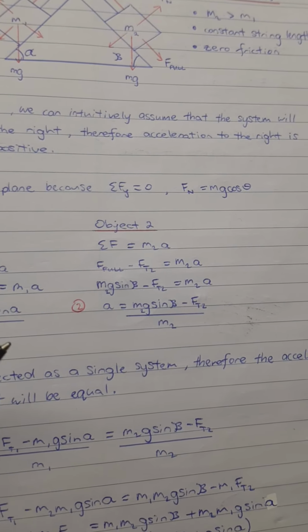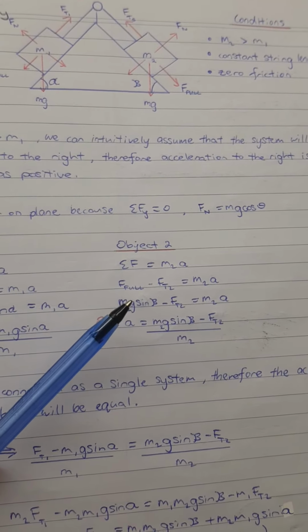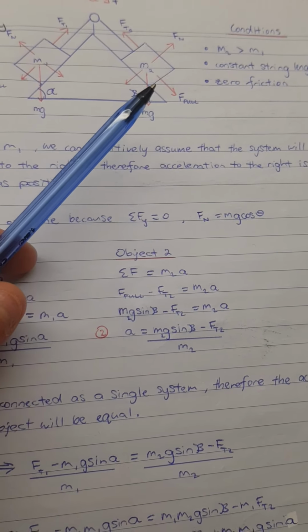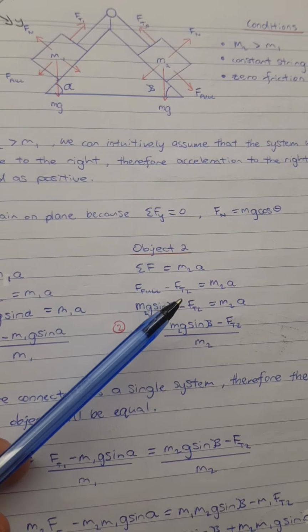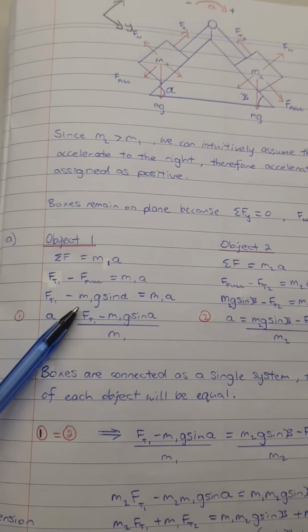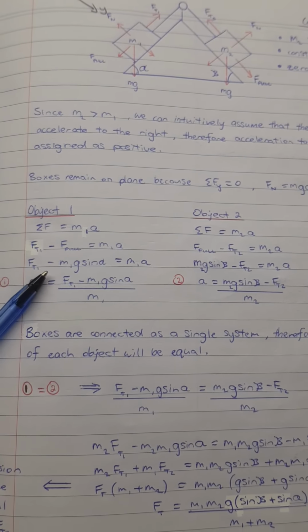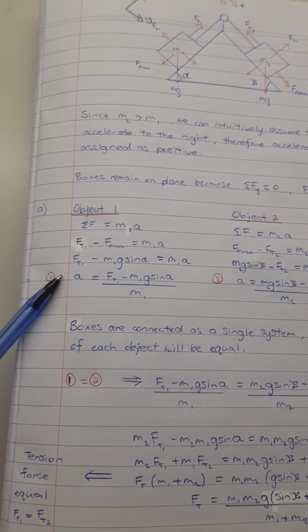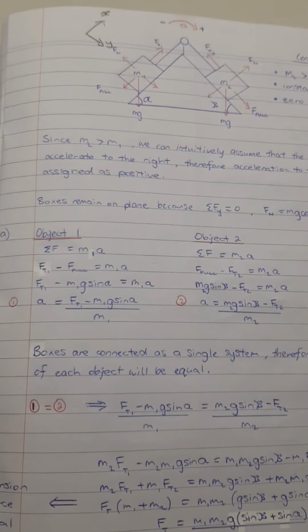Similarly for object 2, I did the same thing. However, because the force pulling is in the positive x direction here, it's force pull minus the force of the tension, unlike in object 1 where it was force tension minus force pull. So I get two equations for acceleration, but that is just talking about them individually.